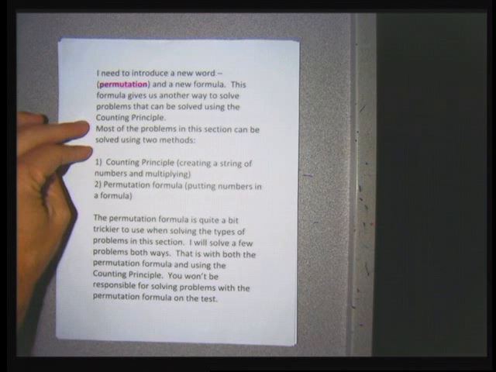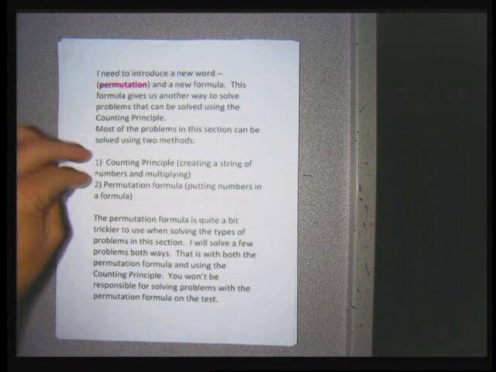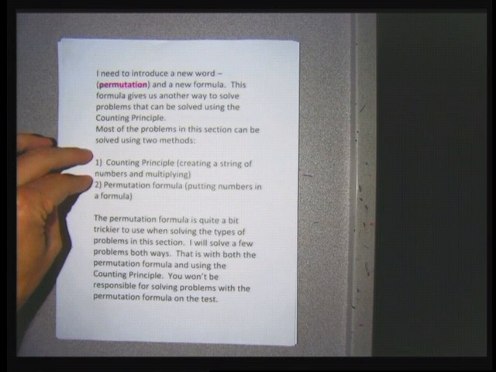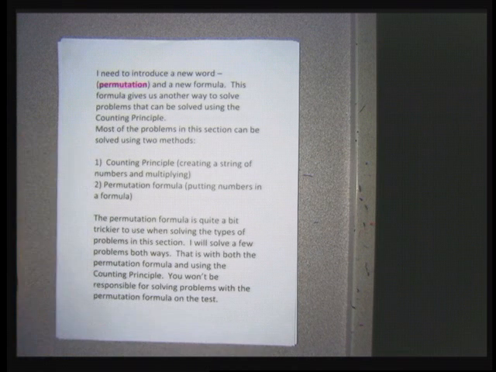Most of the problems in this section can be solved using the counting principle. That's what we've done so far. The counting principle is where you make lines, you put numbers above the lines, and you multiply them.